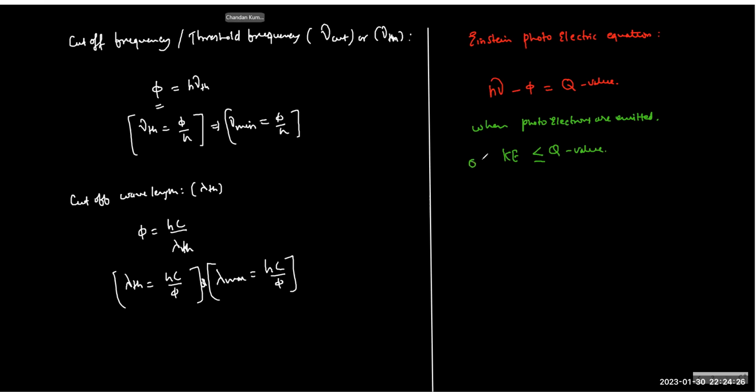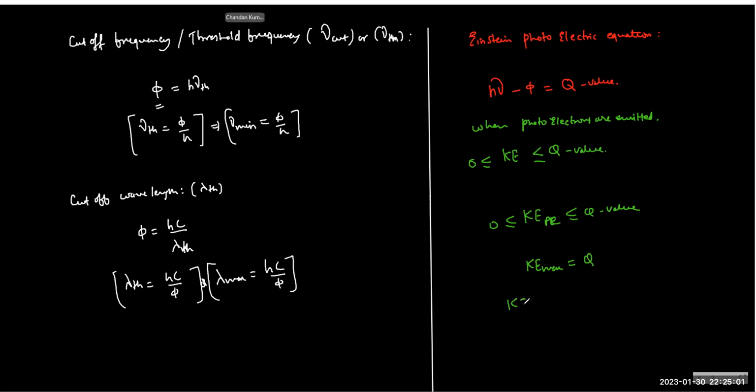Yes, sir. It could be zero as well. So kinetic energy of ejected photoelectrons can lie from where to where? From 0 to the Q value. It could be anywhere between 0 to Q value, right? Yes, sir. So what is the maximum possible kinetic energy? How much you can get at most? The Q value, sir. So K max is the Q value.